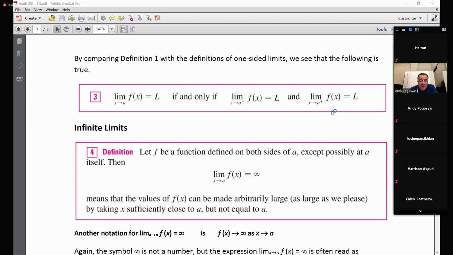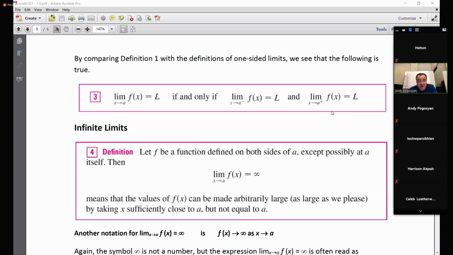If the limit exists, it means left and right hand limits exist and must be the same. If left and right hand limits exist and they are equal, then the limit at that point exists.